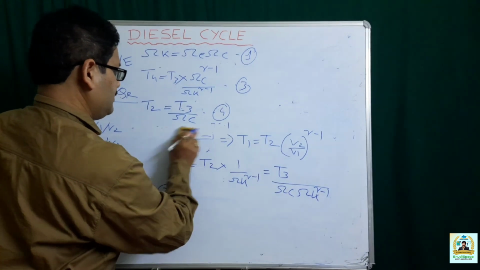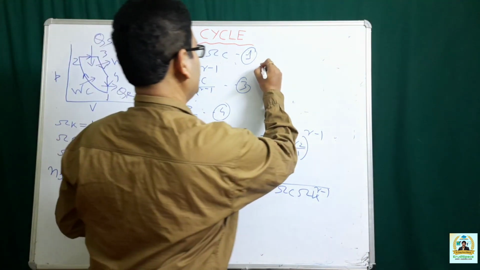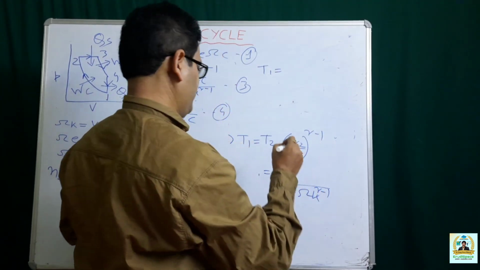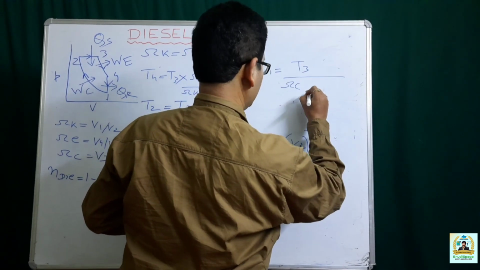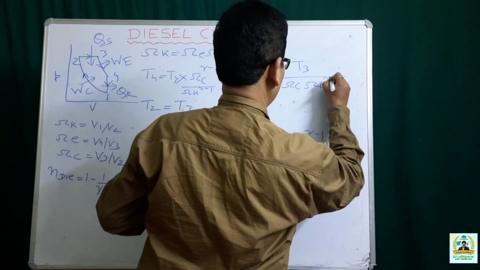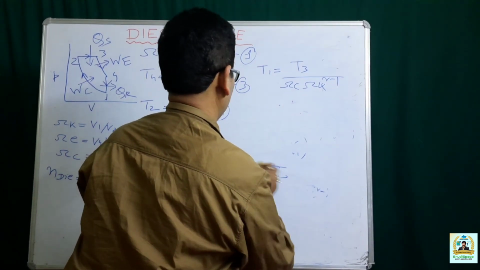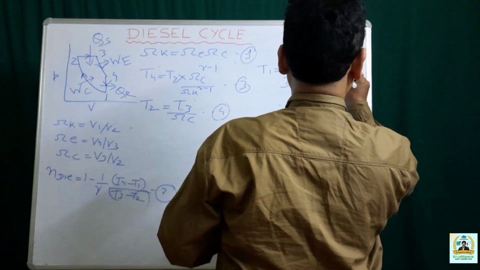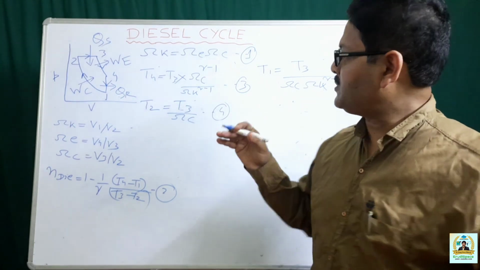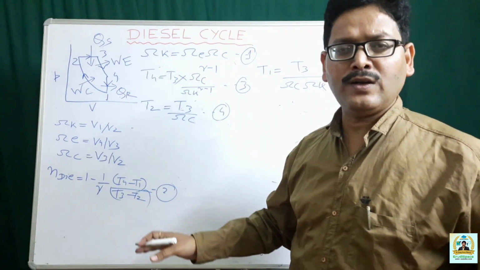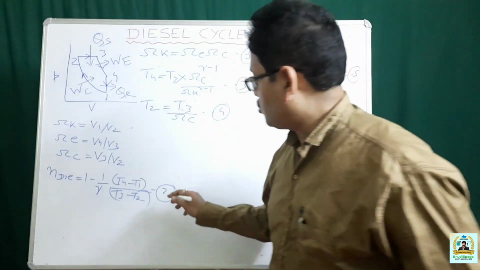So this becomes equation 5, and equation 5 is T1 is equal to T3 divided by Rc into Rk to the power gamma minus 1. Now we'll substitute the values of T4, T1 and T2 in terms of T3 in equation 2.